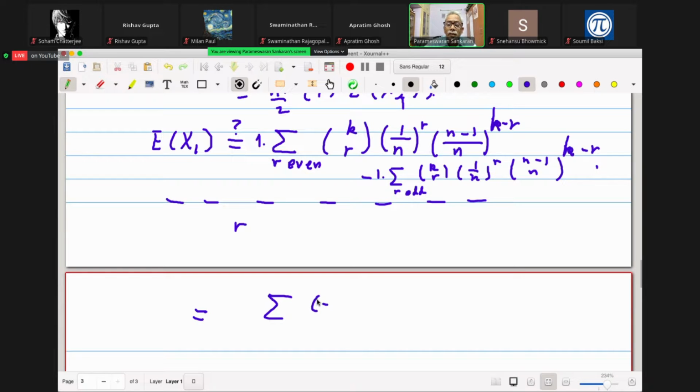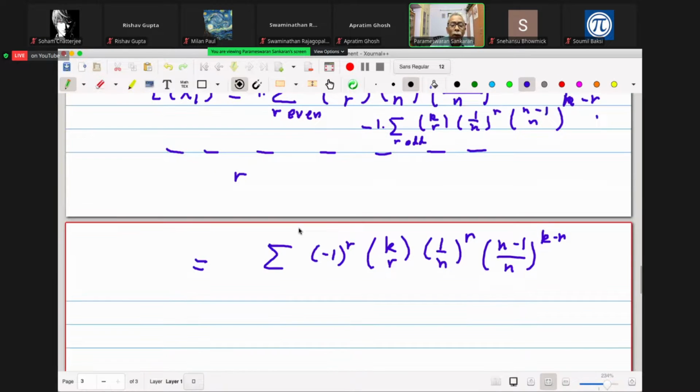And now this becomes 1 by n to the power r, minus 1 to the power r, k choose r, and then (n minus 1) by n to the power k minus r, and that is equal to, this is the sum over all possible things, 1 by n minus (n minus 1) by n.